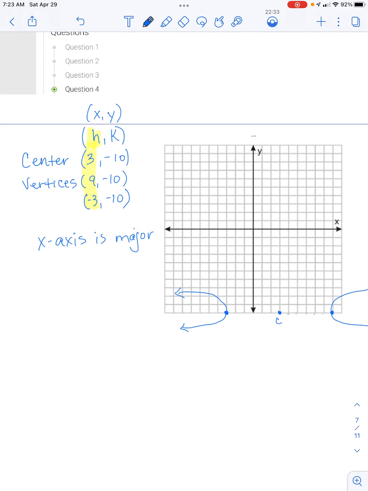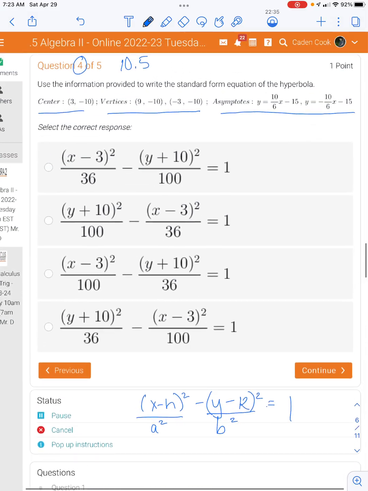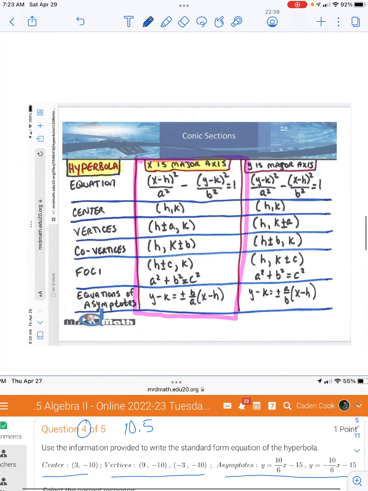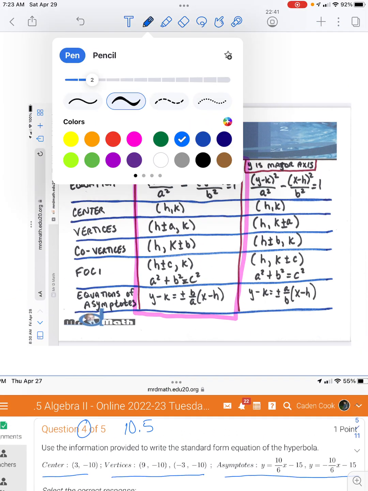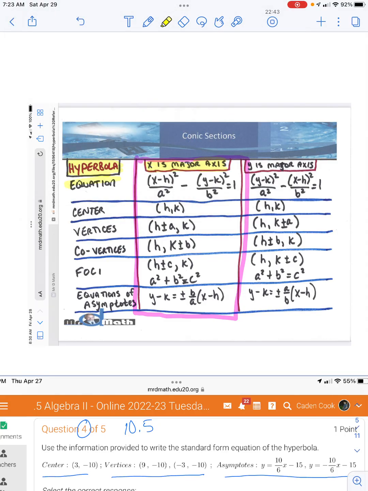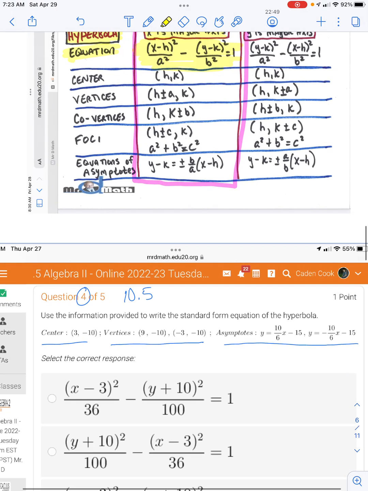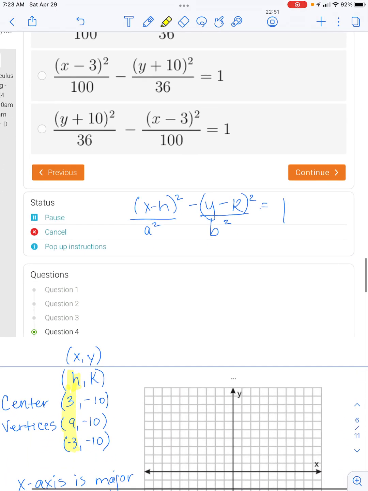So we've established that x is the major axis, and we know we're going to be pulling all of our information from it. So the first thing I did is I went back up here, and I've already done it. I grabbed the equation right here, and I wrote that down because I want us to see the parts that we need to fill in. Okay, so let's go do that. So here we have x minus h squared over a squared minus y minus k squared over b squared.